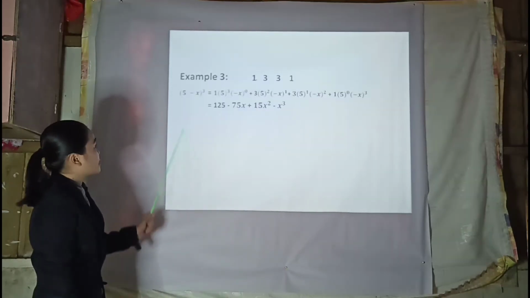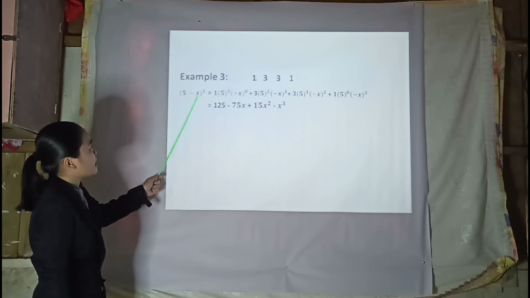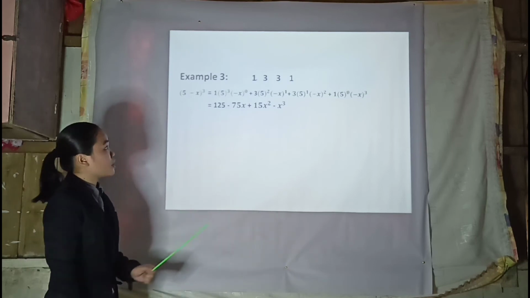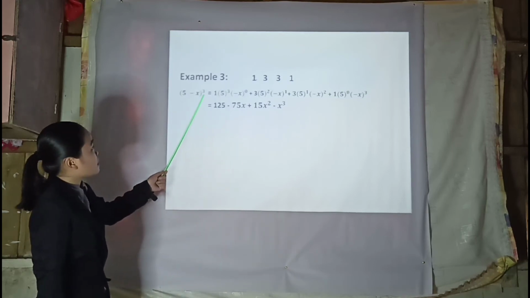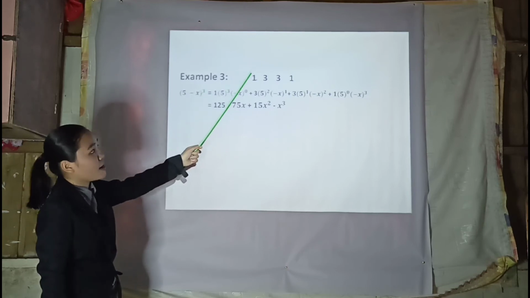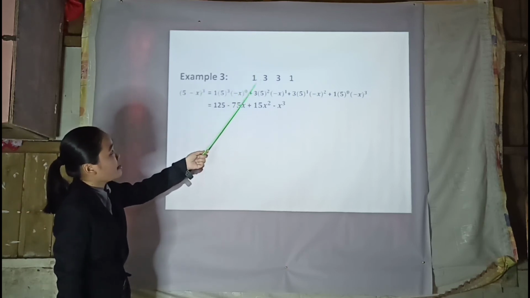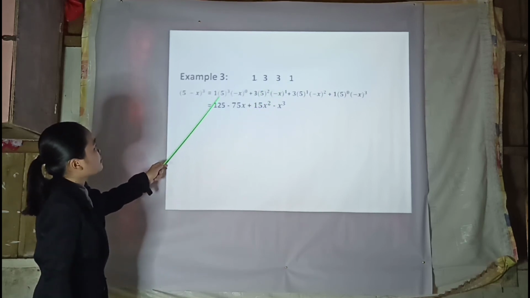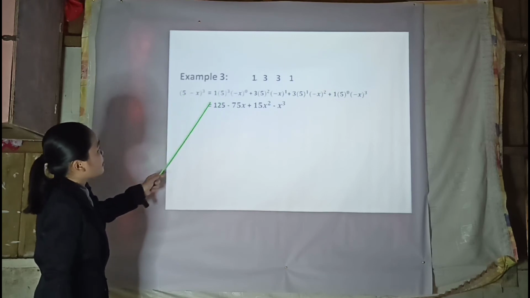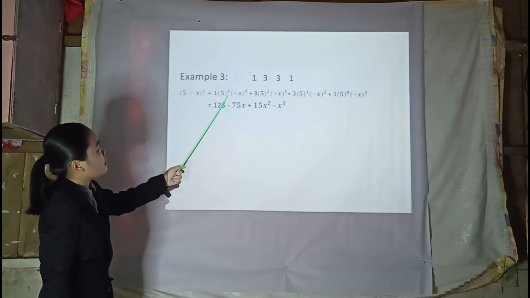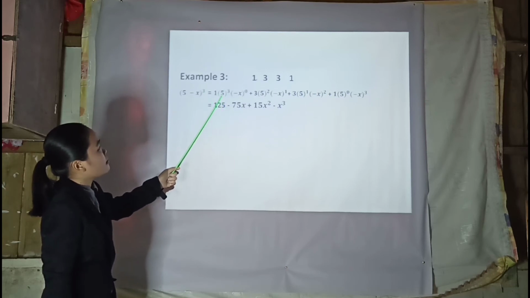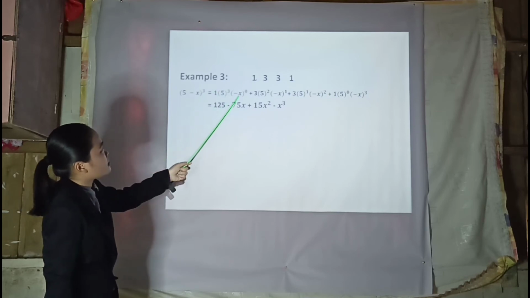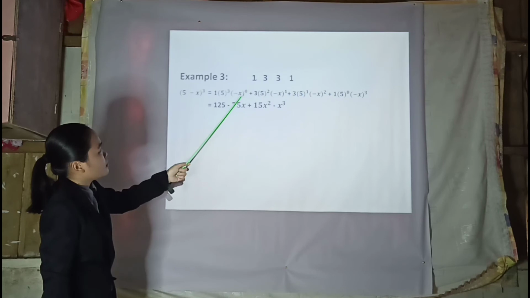Okay. So the next example, the given is 5 minus x cubed. We will use Pascal's triangle and we will use row 3, because the exponent is 3. So 3 plus 1, there are 4 terms. The coefficients are 1, 3, 3, and 1. So we will distribute it. 1 times 5, which is the a, raised to 3, or 1 times 5 cubed, times the b, which is negative x, the exponent is 0.